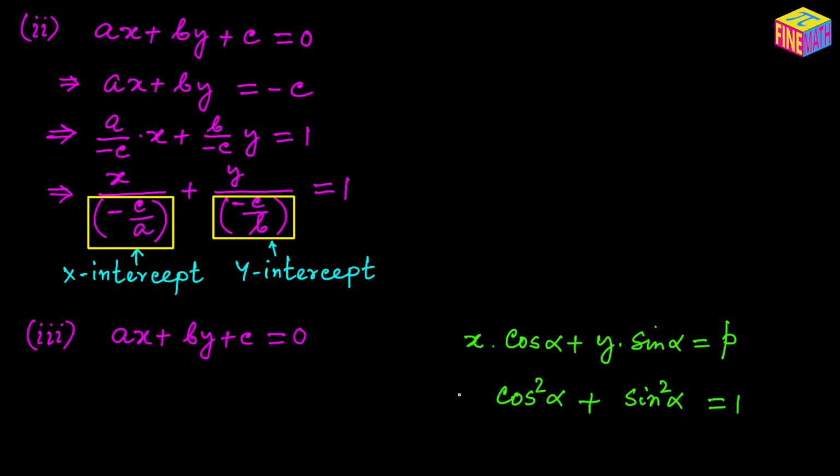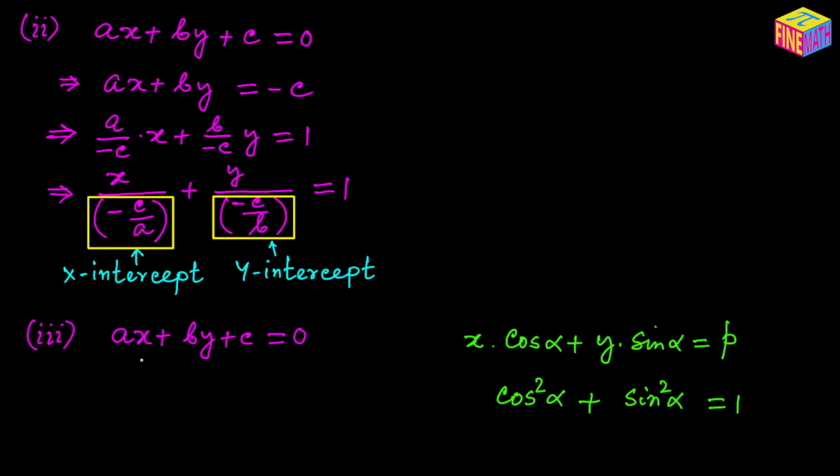Sine square theta plus cosine square theta is equal to 1, or sine square alpha plus cosine square alpha is equal to 1. So in this case also, we have to convert the general form into this perpendicular form in such a way that the sum of the squares of the coefficient of x and the coefficient of y would be equal to 1.